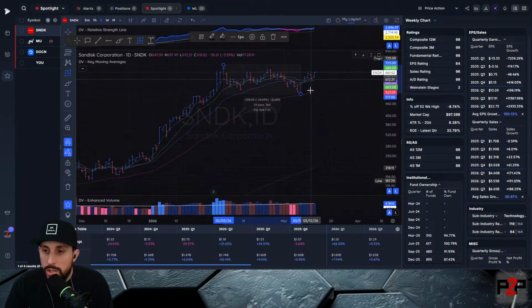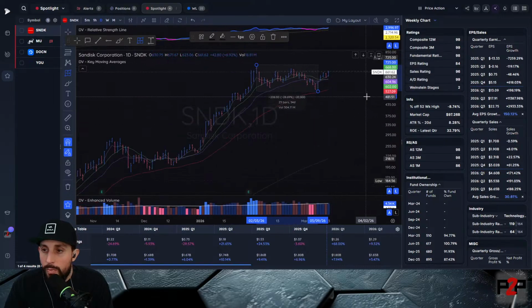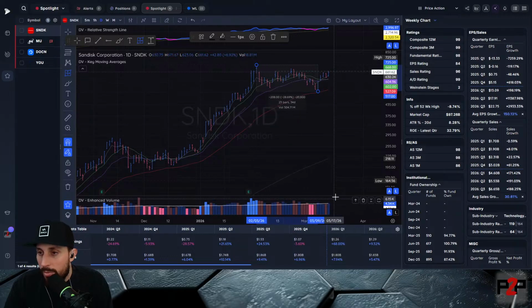Not like a traditional base, like a pure cup with a handle, but this thing really just doesn't want to roll over. It just continues to fight the market. You just don't see a ton of down volume. It's starting to dry up in terms of volume as it rides sideways. This doesn't get much clearer relative strength in my eyes than this.